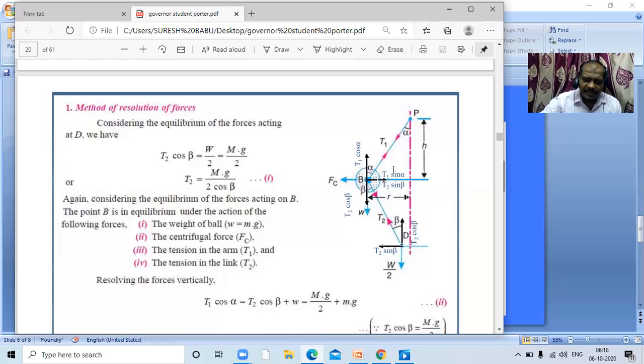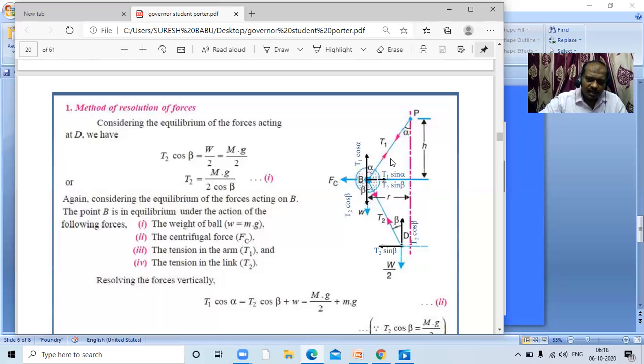So T1 is there, T2 is there at B forces, weight is there, and we have this central weight which is acting at W by 2, that is called Mg by 2. Weight of the ball is small w, it is represented as mg.